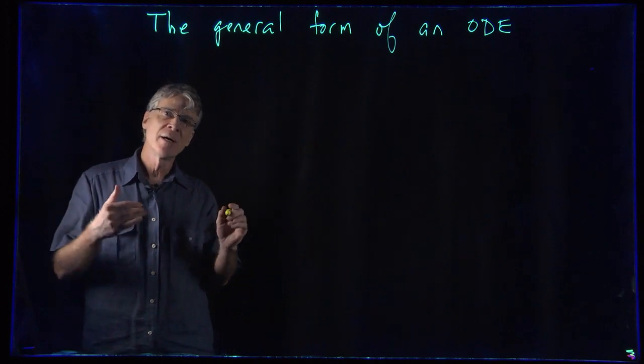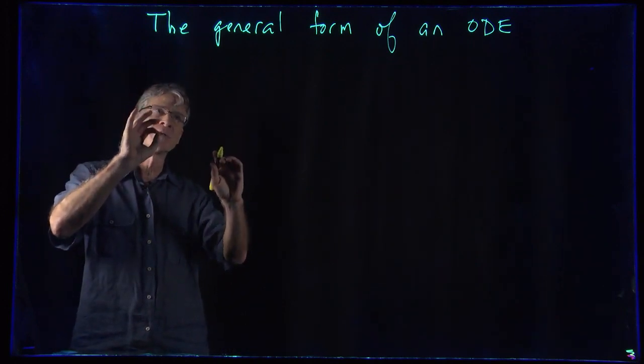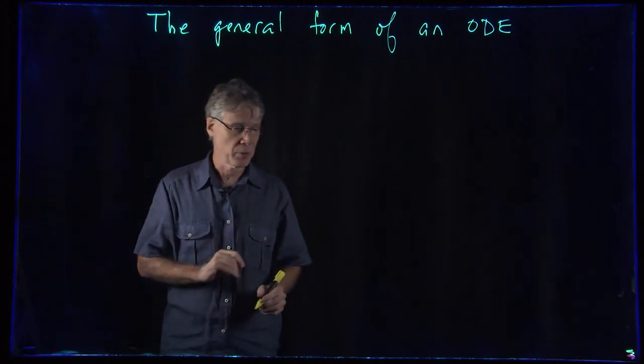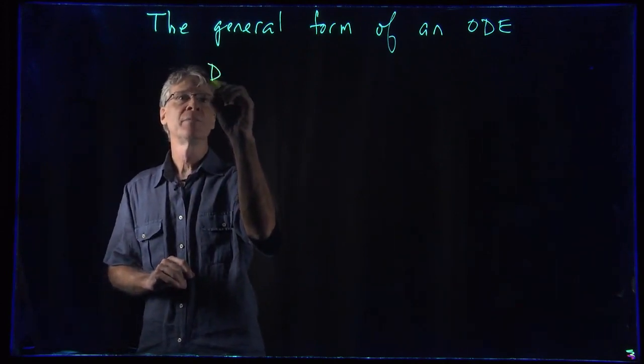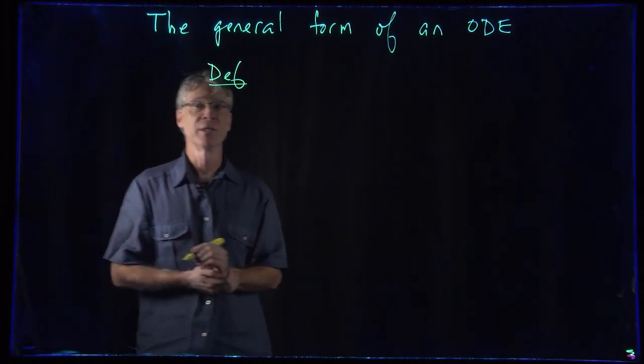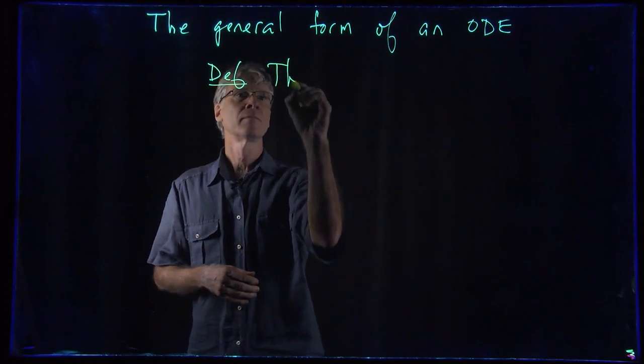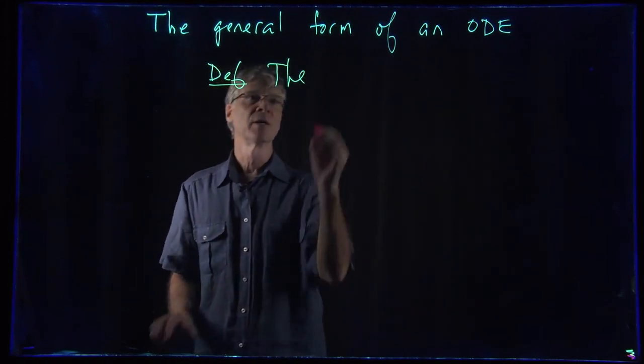And to do this, I want to basically define what's called the general form for a differential equation. So we'll start here with the definition. I'll use a couple of colors here.